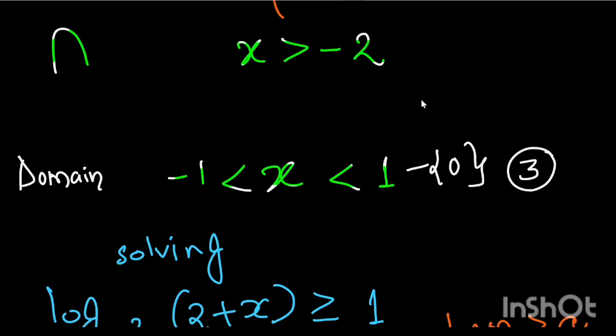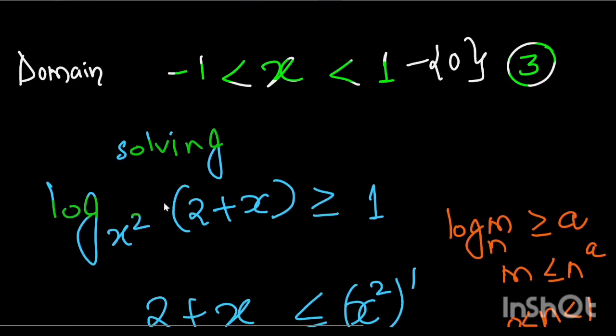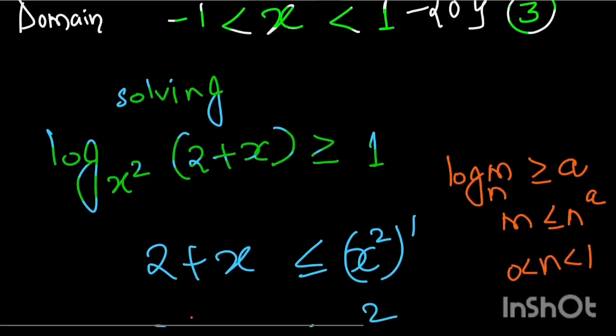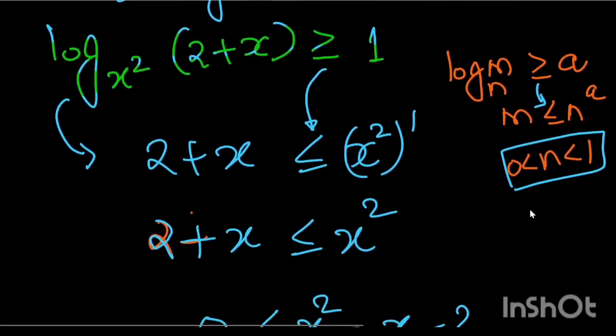Okay, let's say this is equation 3. Whatever we obtain after solving this, we will need to take intersection with this equation 3. So in the next step, this x square will come and push 1 above. It will change the sign. Why? Because the base in this case is 0 to 1, the sign will be reversed.